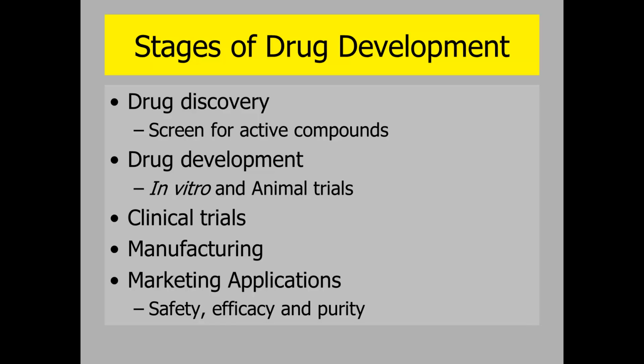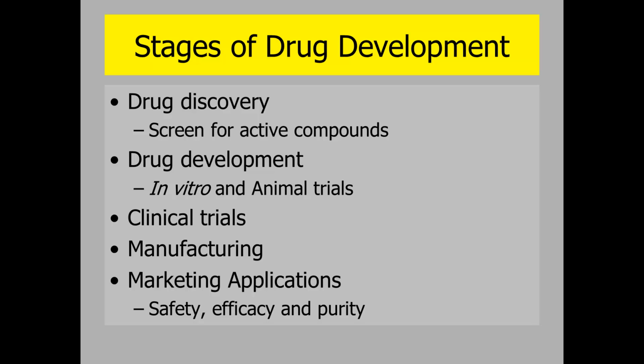And then once you're through clinical trials, you still have to scale up manufacturing and have quality assurance for your manufacturing. So there's a lot of complicating factors for manufacturing a drug, especially biological drugs. And then you also have to have what are called marketing applications.